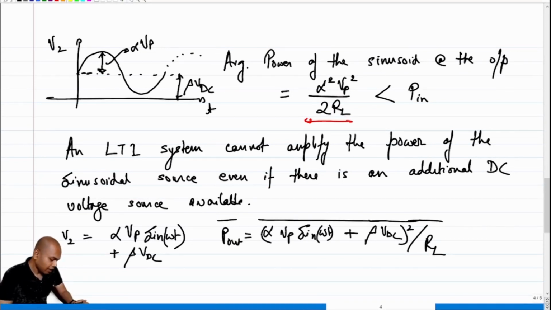What an LTI system does is simply push the sinusoid up by some DC term, right? It doesn't really increase the amplitude of the sinusoid.